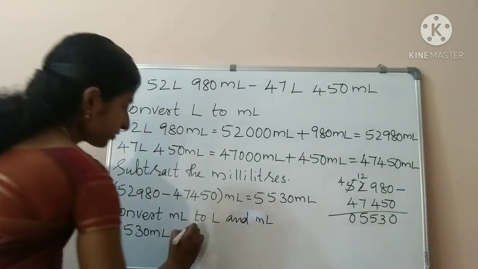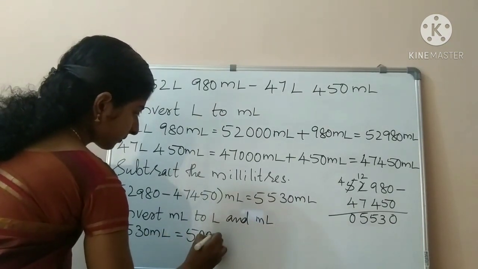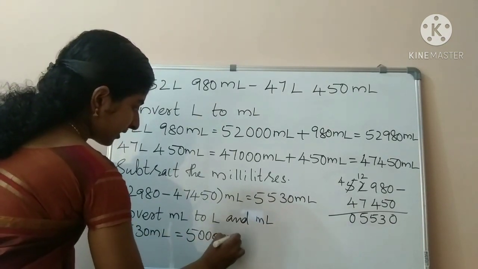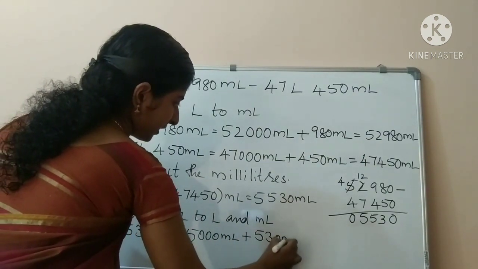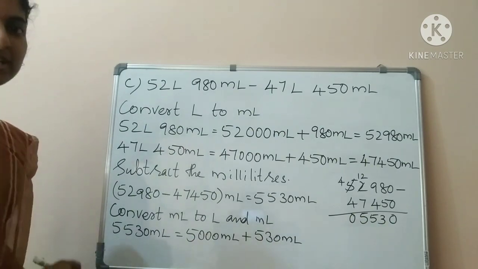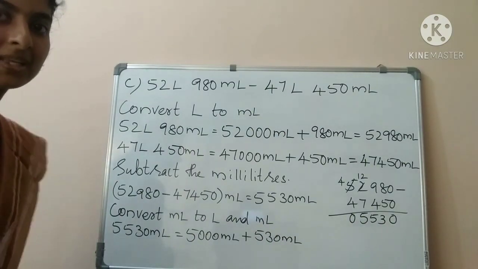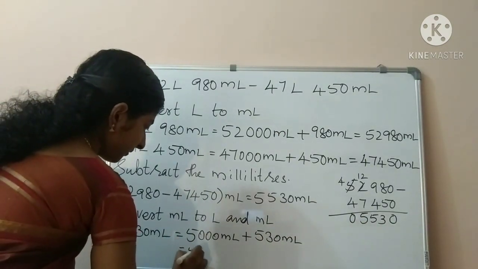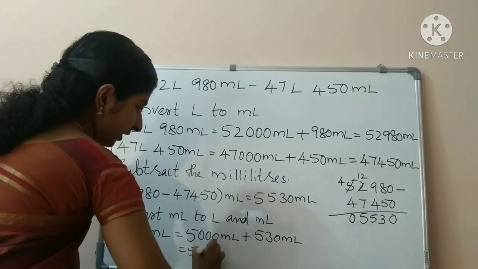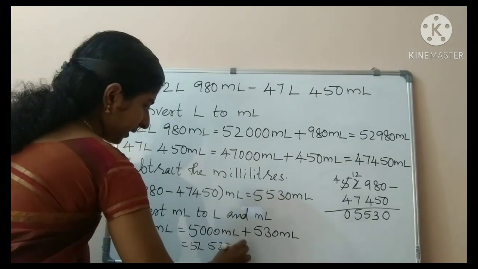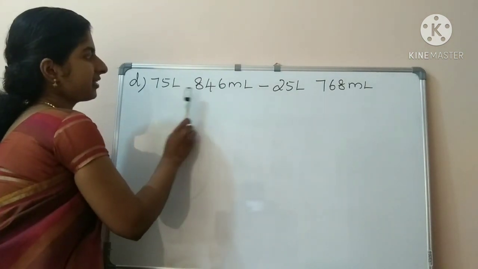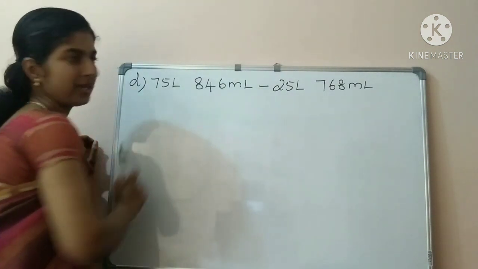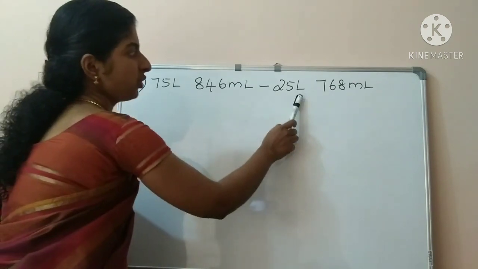So, 5000 milliliter plus 530 milliliter. 5000 milliliter, how many liter? Yes, 5 liter. 530 milliliter.